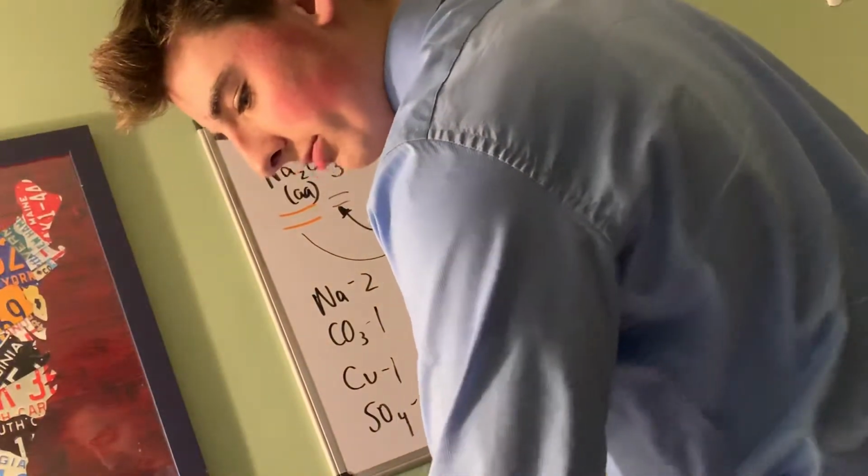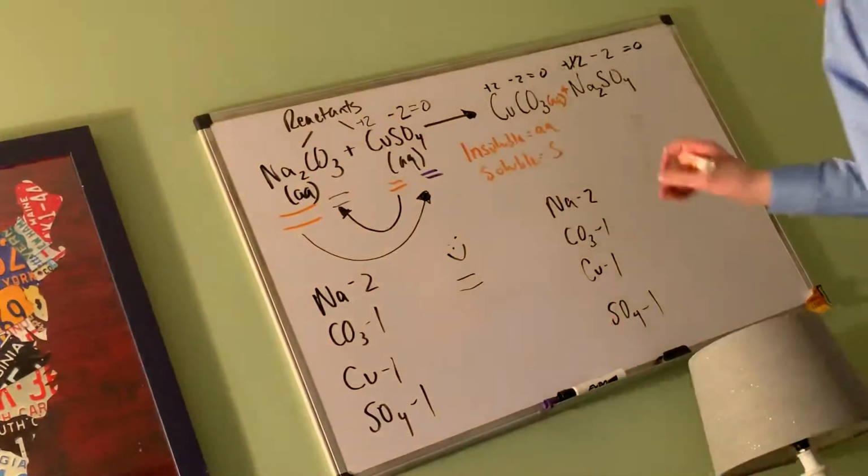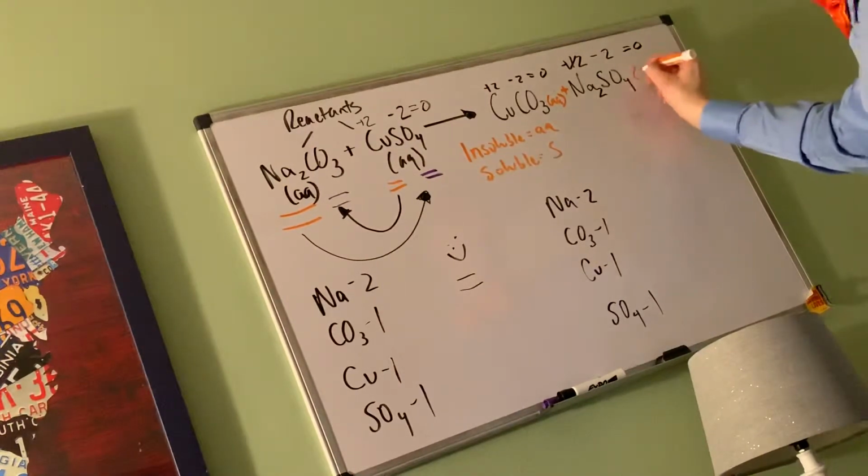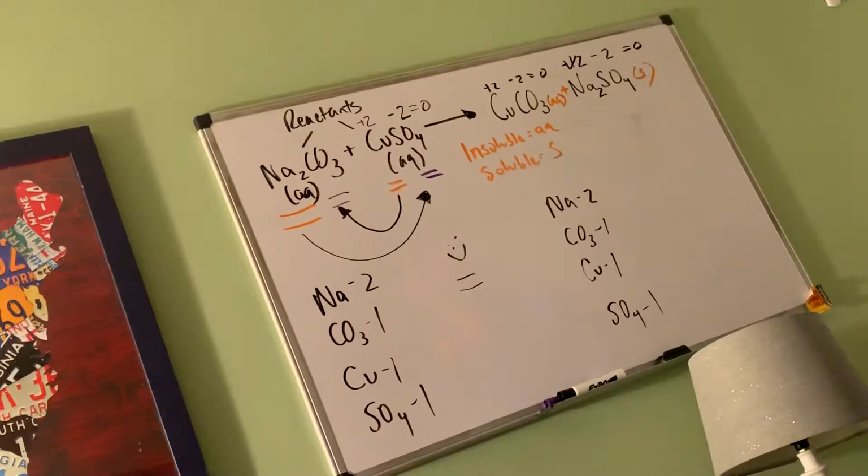Sulfate's soluble except calcium, strontium, barium, mercury, lead, and silver. That is sodium. None of that is on the list, so that's going to be solid. So this is your final answer. If you have any more questions about this, shoot me a text. Maybe we can do this over tutoring, but this should cover you for a while, at least till next week.